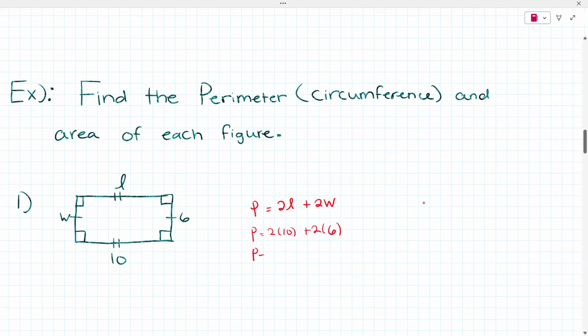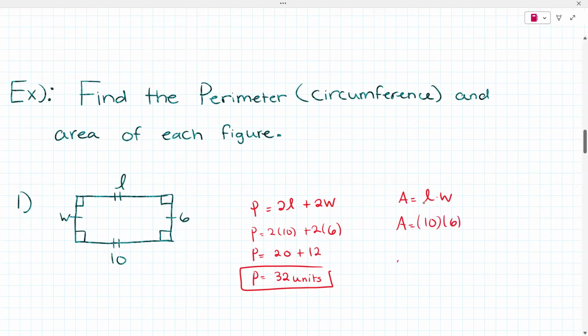So that would be 2 times 10 is 20, plus 2 times 6 is 12, and that gives us 32 units. And then the area of this rectangle is length times width. So the length is 10, the width is 6, which is 60 unit squared. And we don't have to find the circumference because it's not a circle.